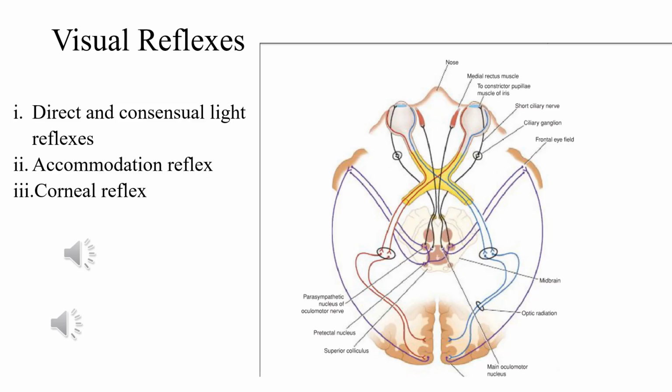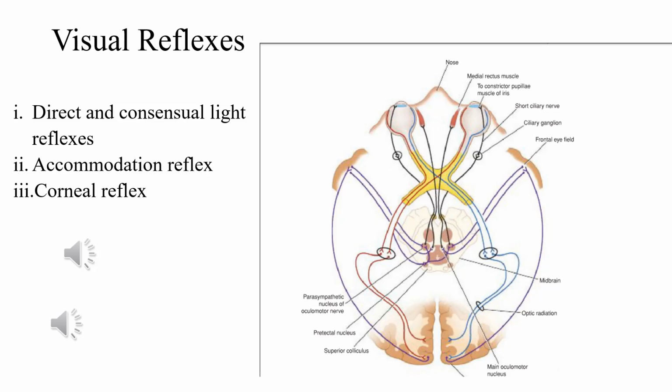In the midbrain, some of the fibers descending from the cortex will synapse in the major motor nucleus of the oculomotor nerve and some with the Edinger-Westphal nucleus of the third nerve, the oculomotor nerve, right?